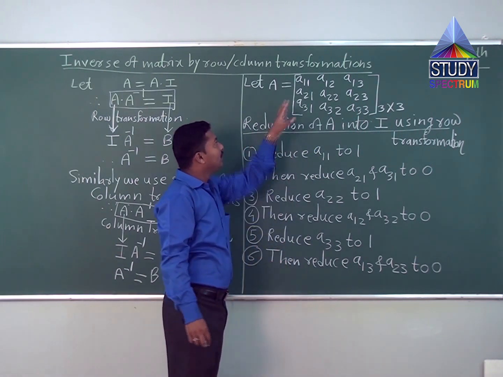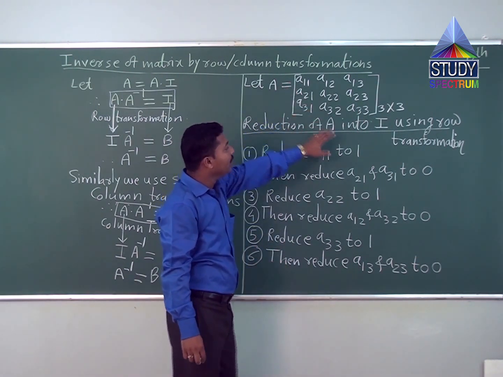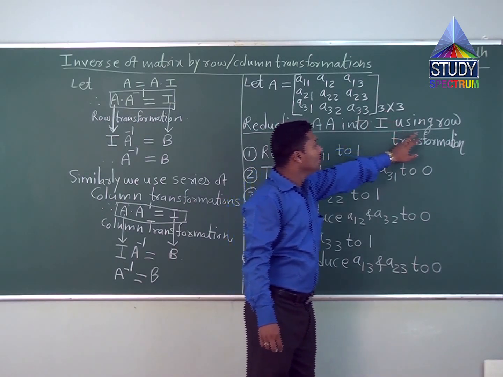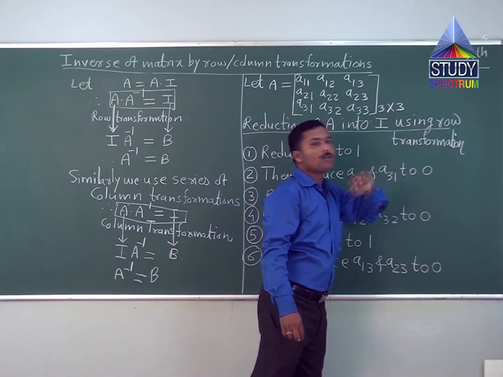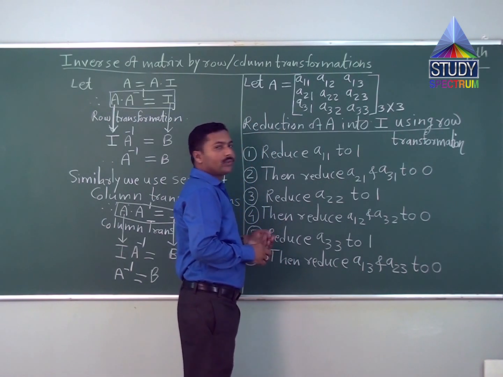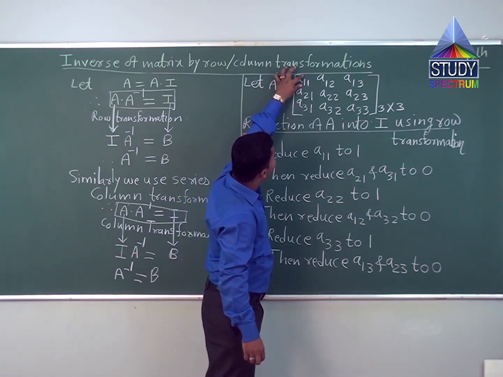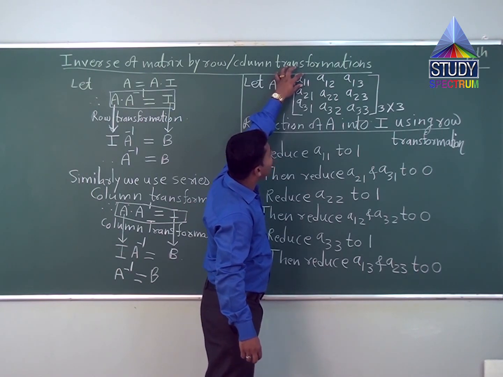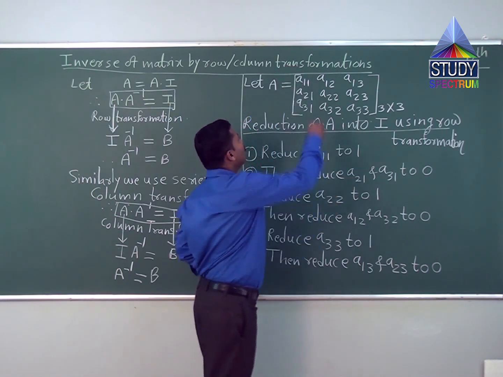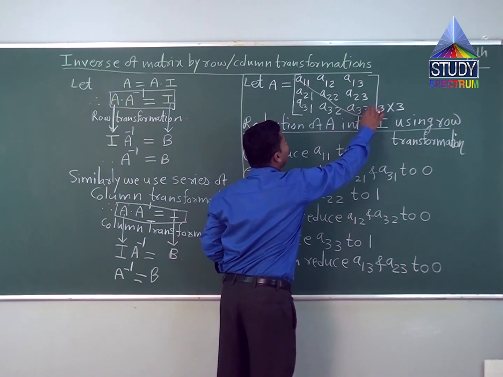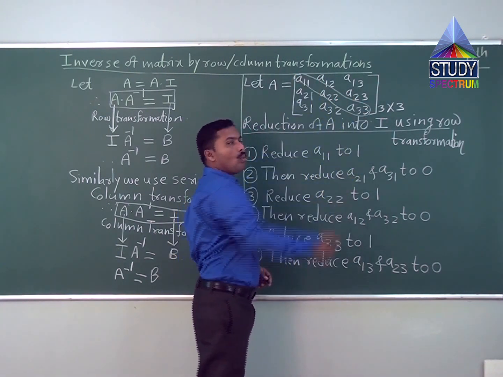So reduction of this square matrix A into identity matrix using row transformation. First we reduce the first diagonal number to 1. We want these diagonal numbers to be 1.